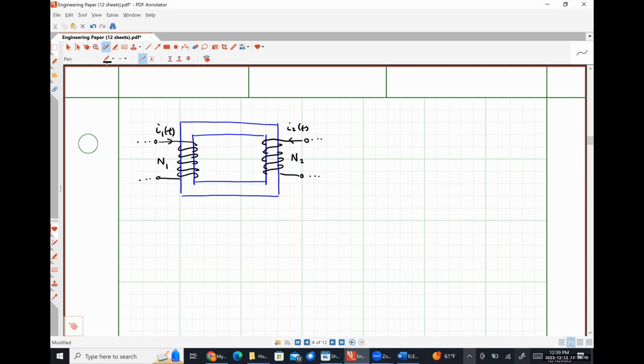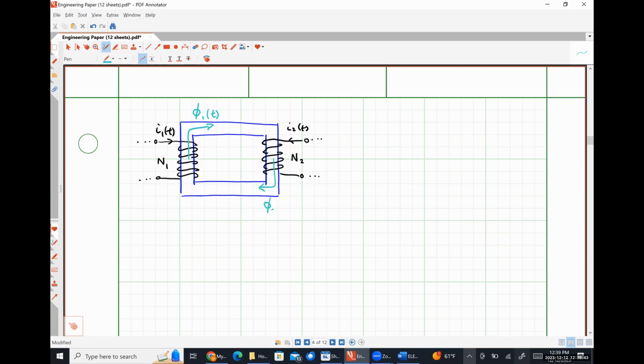So we're going to have a flux going in this direction. I'm going to call this flux phi 1 of t. Because our current is time varying, our magnetic flux will also be time varying. What direction is the flux traveling in that's generated by coil 2? Down. Absolutely right.